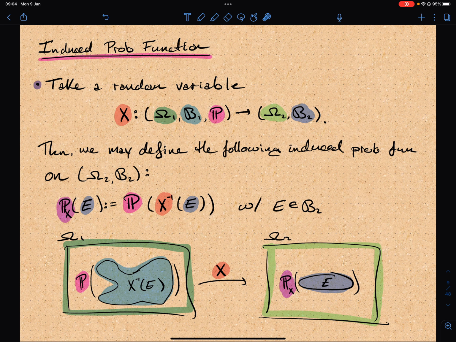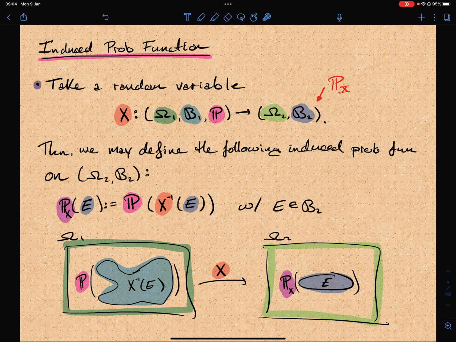So we define the probability P sub x on the right-hand side. It's an induced probability function, obtained by looking at the pre-image of events E from the omega 2 space.